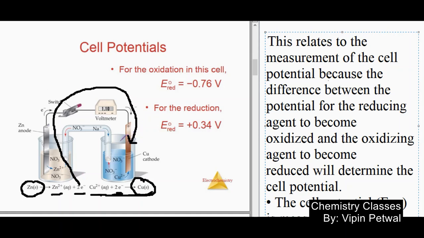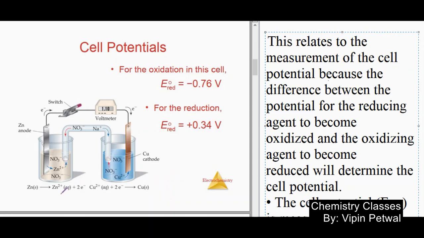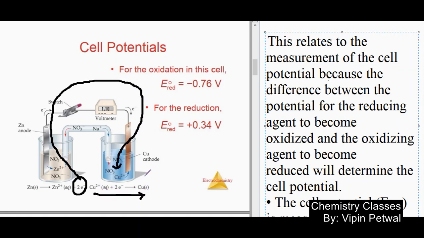So definitely this cupric ion, which is present here, is getting reduced and becoming a copper neutral atom. Look here, these are the 2 electrons which are released by zinc after oxidation, and these went to the cupric ion, which then accepted the electrons to form copper neutral.